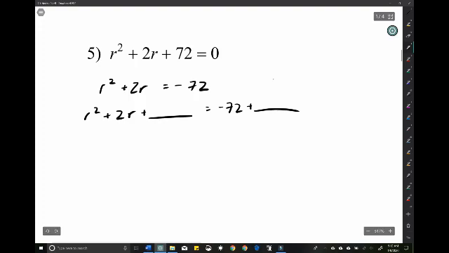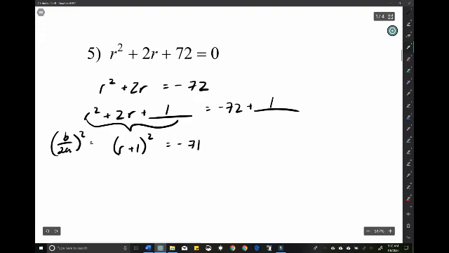And what that value is, hey, b over 2a squared. Okay, it really is just b over 2 squared. You don't need to worry about the a. But what that comes out to be then is 2 over 2, so 1 and 1, meaning we have r plus 1 squared. That's what that side becomes, equals negative 71.